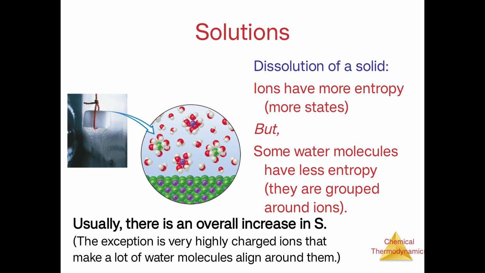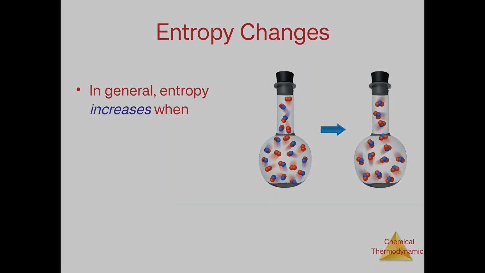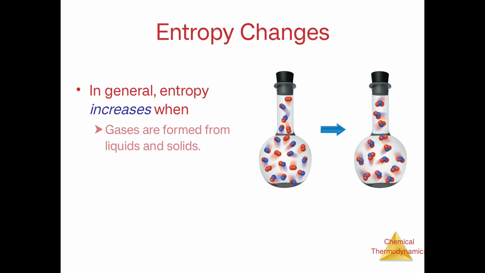Got it? So a solution is made by the combination of both anions and cations, like positively charged and negatively charged ions. Okay, right? So in solutions, how does the entropy change? In general, entropy increases when gases are formed from liquids and solids.